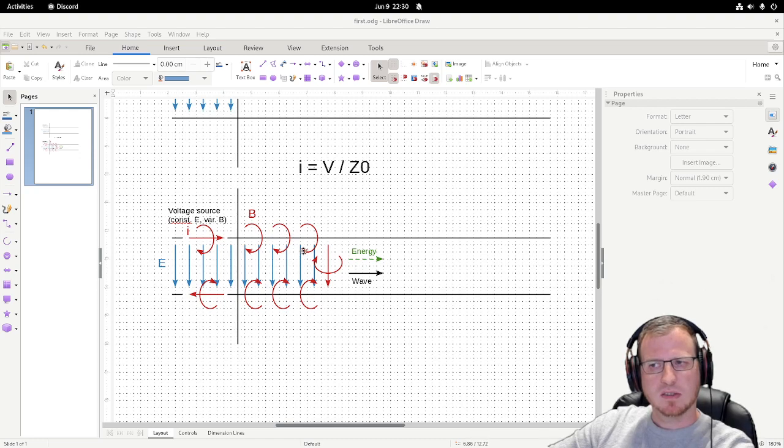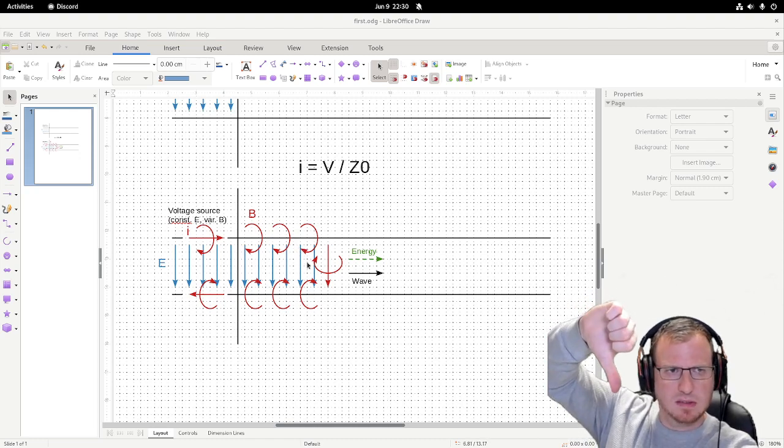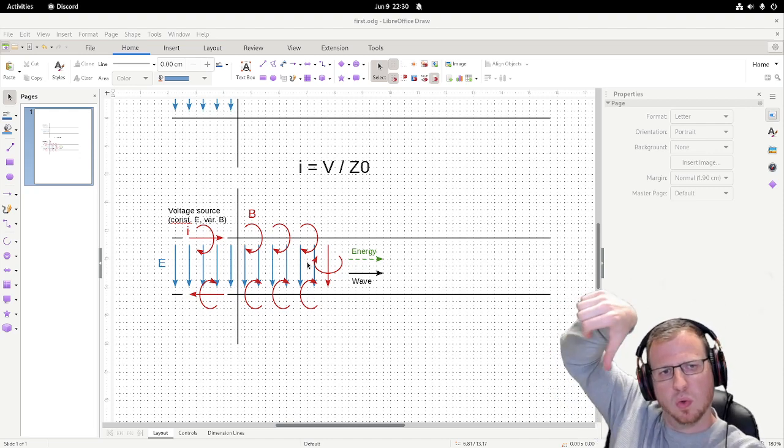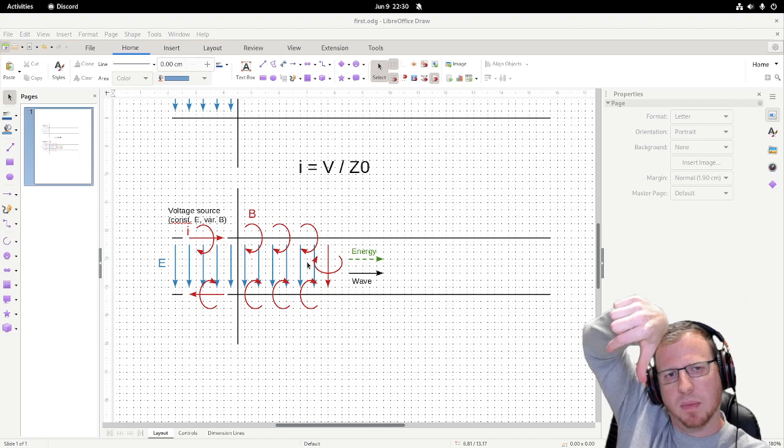And this Poynting vector is, as I said, the cross product of the electrical field and the magnetic field. The magnetic field is going here, in front of the line, here, and then backwards here. And that means the electrical field points down, and backwards the magnetic field.